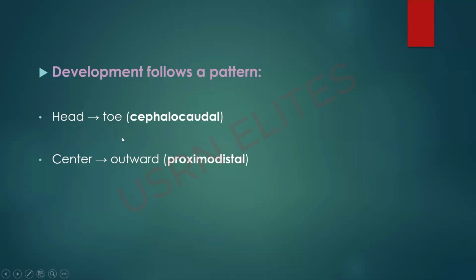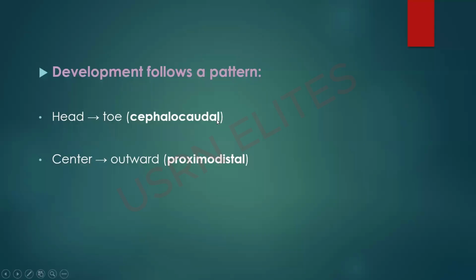Cephalocaudal is from head to toe, as you see here. Cephalo is your head and caudal is your tail. The other one is from the center of your body to the outer part of your body. You'll look at it and you'll understand.